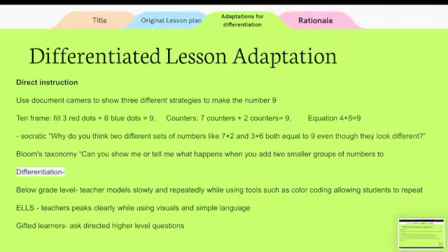For our differentiation, for our support learners or below grade level learners, our teacher can model slowly and repeatedly while using tools such as color coding and allowing students to repeat what we went over. So that helps a lot. And then for our English language learner students, we can speak clearly while using visuals and simple language.